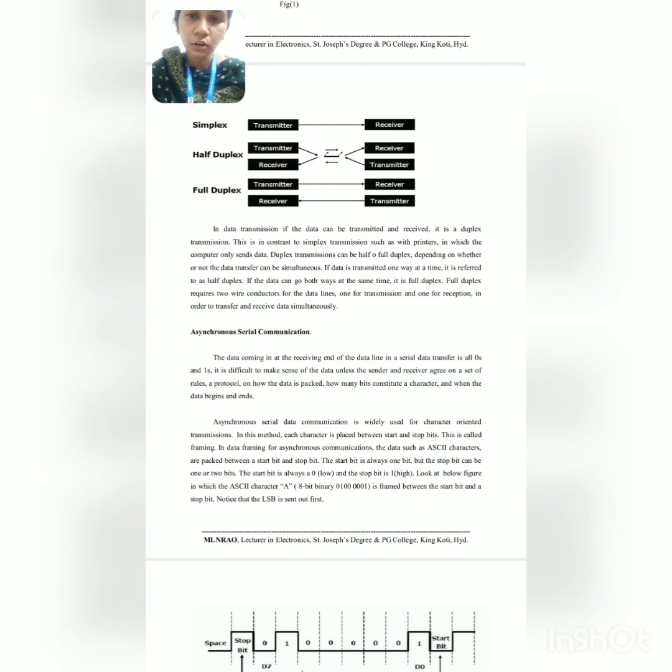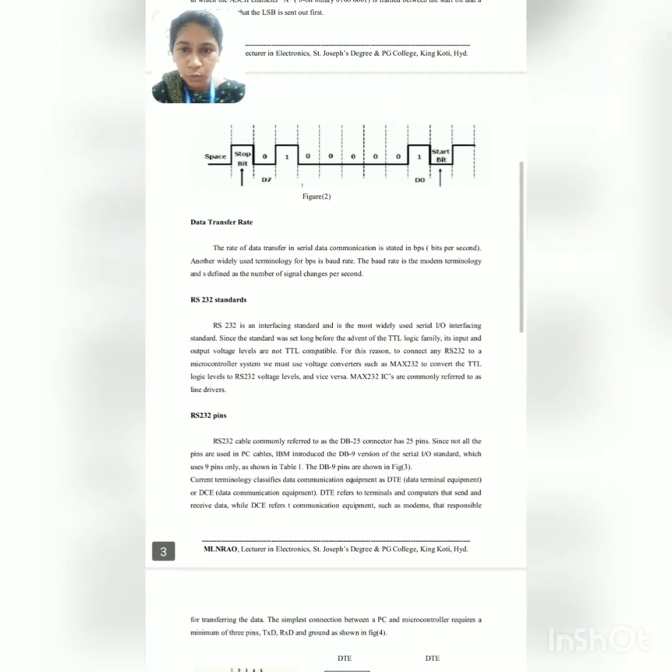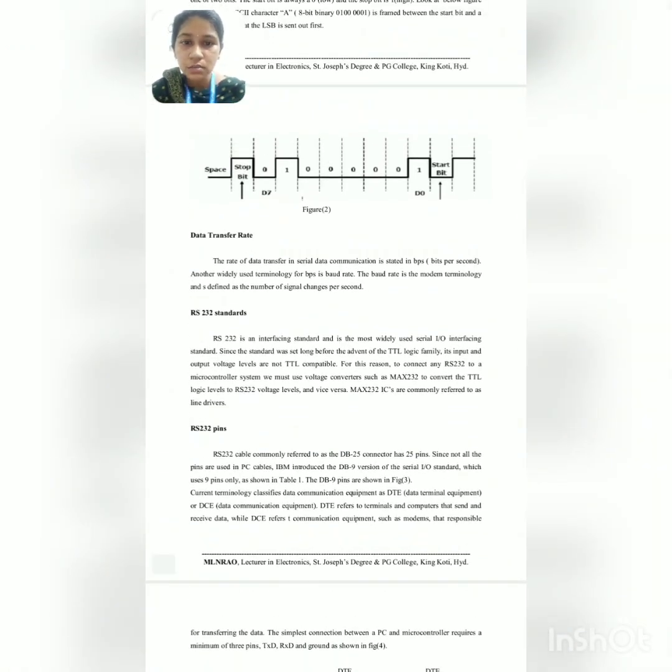Look at the figure below, in which the ASCII character A, 8-bit binary 01000001, is framed between the start bit and a stop bit. Notice that the LSB is sent out first. This is the figure showing the stop bit, data, and start bit.